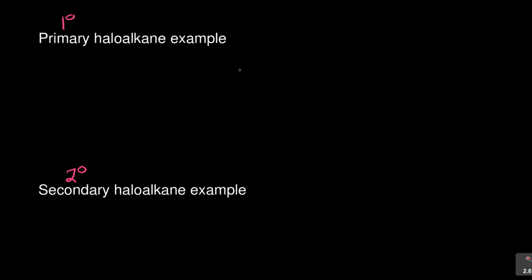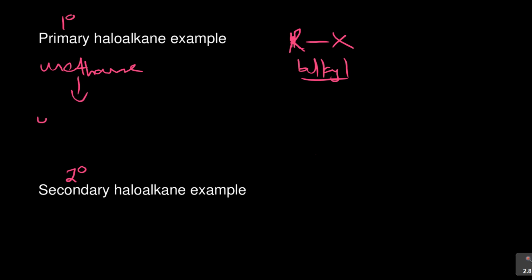Now, a primary haloalkane is the standard, the basic one. Let me make an example. You have RX, where R is the organic part of the molecule. It's an alkyl in a way. The R here represents the alkyl group. For example, if I say methane, methane becomes methyl, which is CH3.